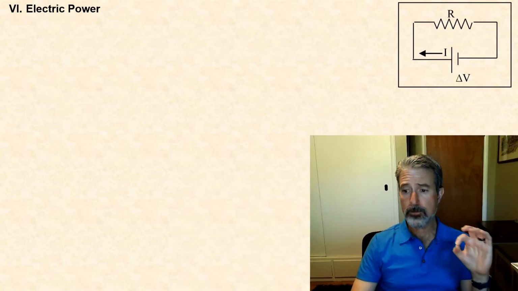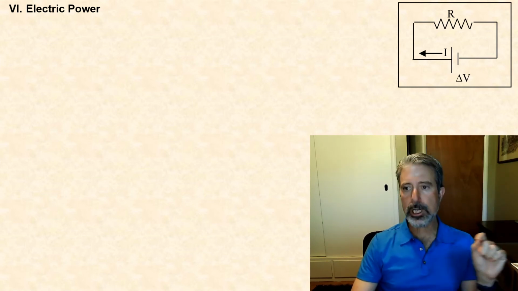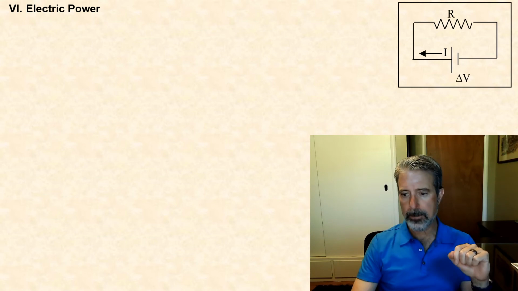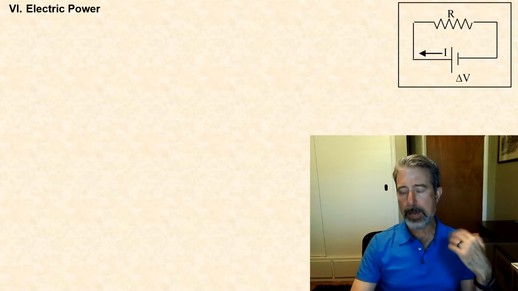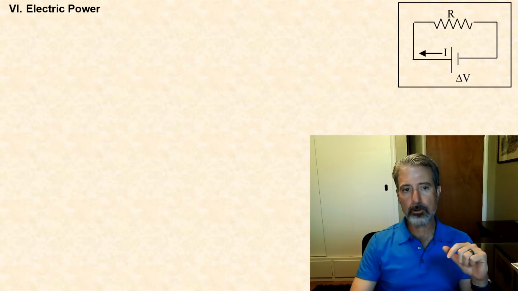All right, so now that we've talked about how to measure the electric potential energy that gets lost as a charge carrier moves through the simple circuit, we can now go from energy to power, remembering that electric power is simply the rate at which this electric potential energy gets converted into other forms.